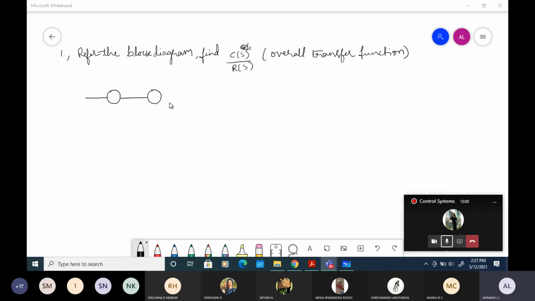So take this particular problem. So in this particular problem I can consider like input is R of S. Input is R of S, the signal is flowing like this.